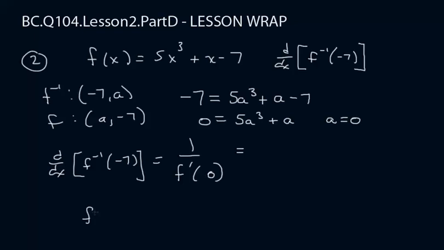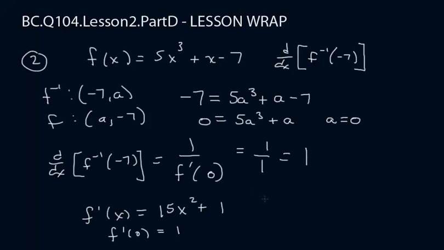Okay, we have to find f prime of x. f prime of x is 15x squared plus 1, and f prime of 0 equals 1. So 1 over 1 equals 1. So the derivative of the inverse at -7 is 1.